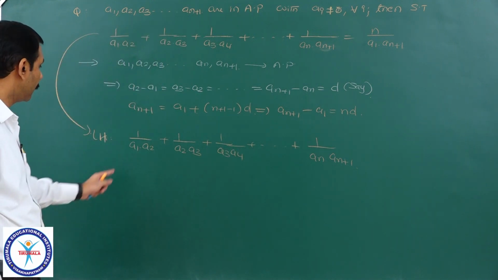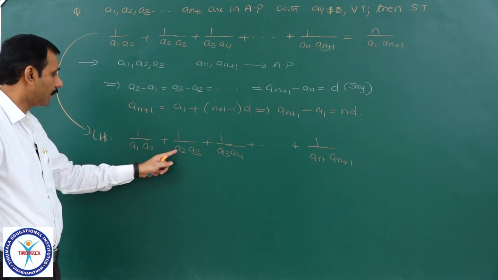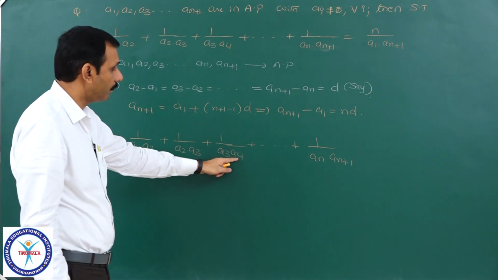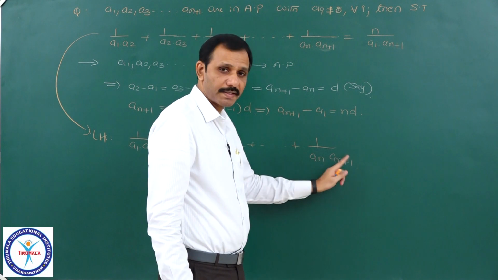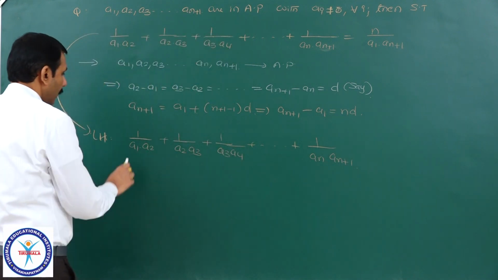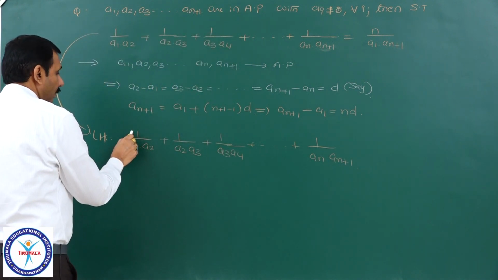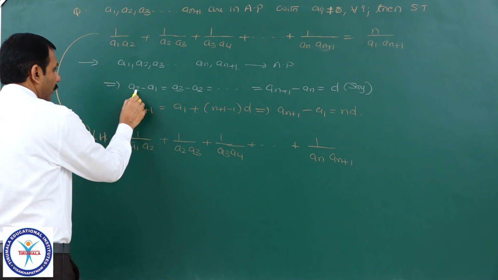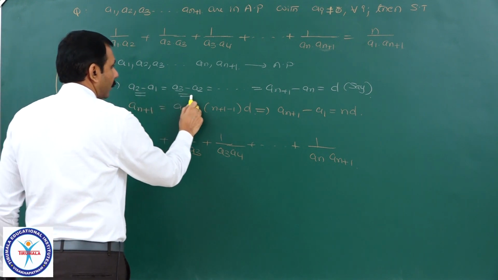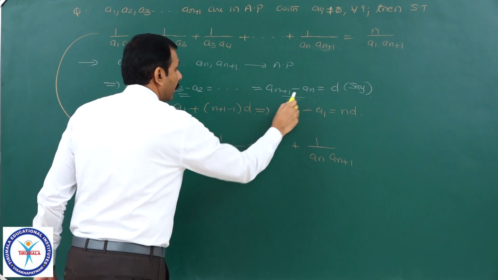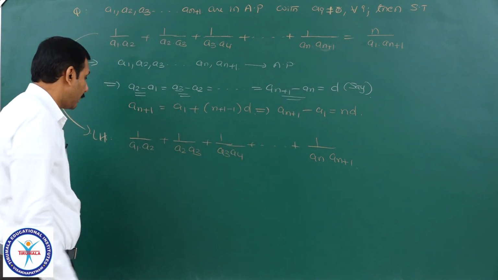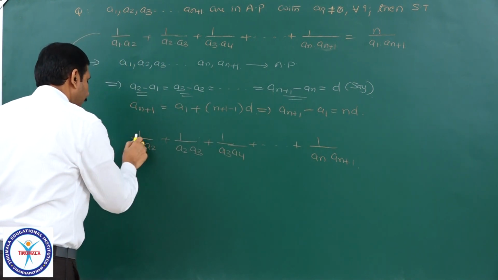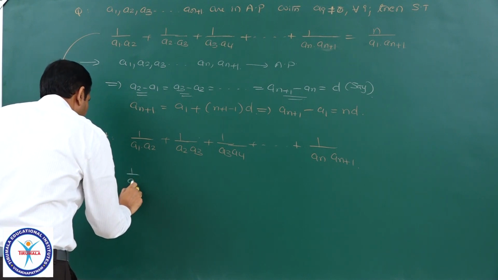Here it is a1, a2, here a2, a3, here a3, a4 and so on up to a(n plus 1). This numerator I will write, because a2 minus a1 equals a3 minus a2 equals a(n plus 1) minus an equals d. Now what I will do? I will multiply with d and divide with d.